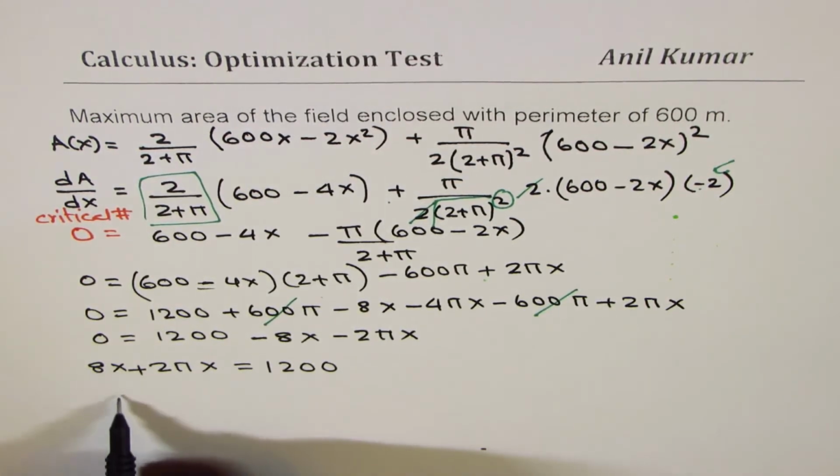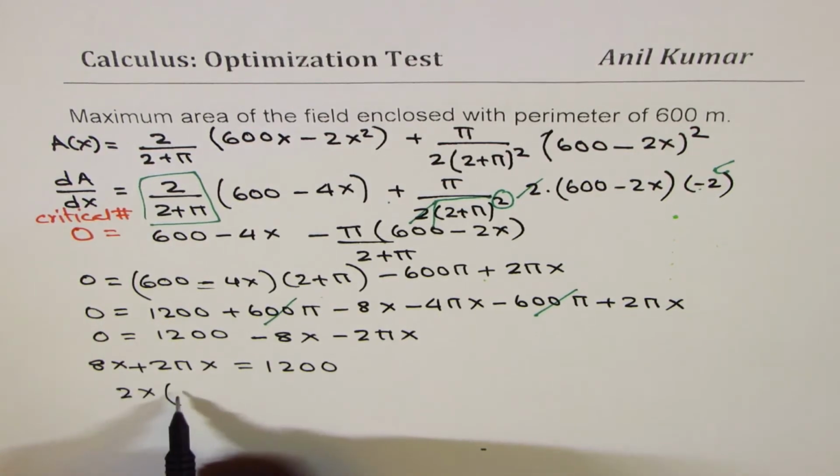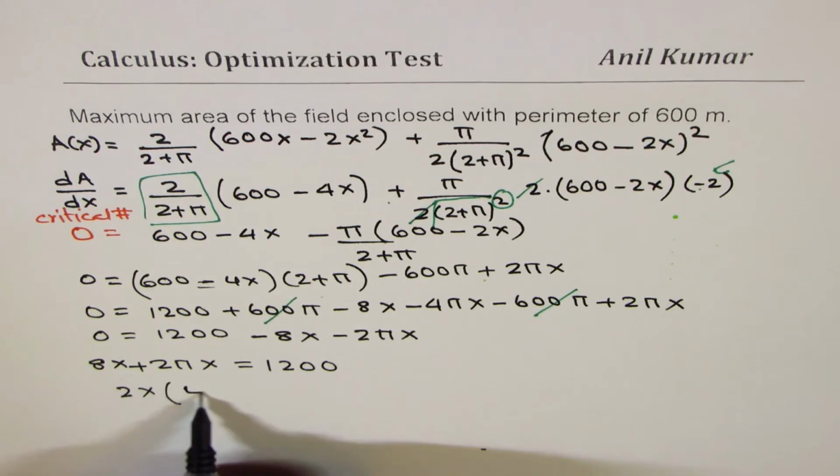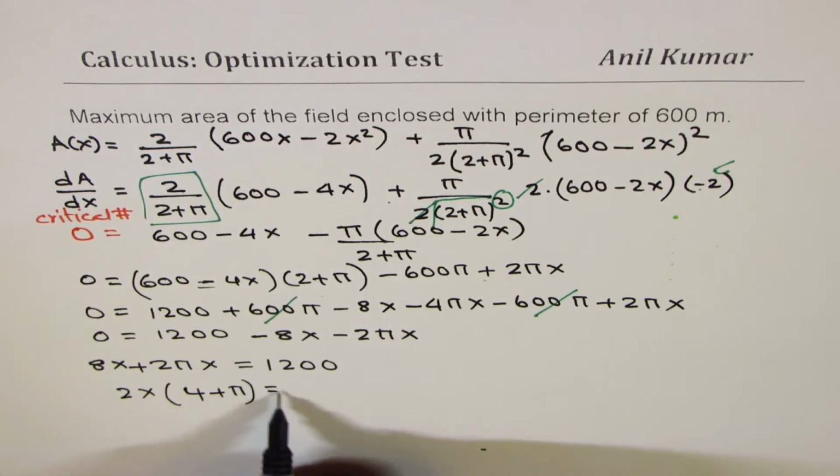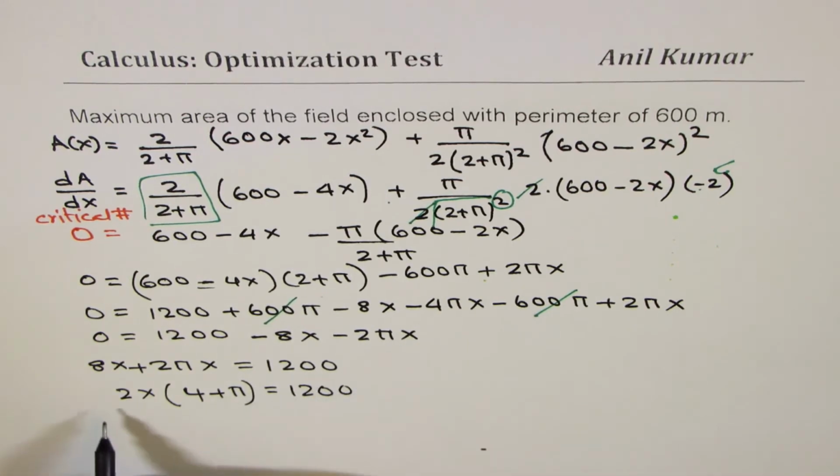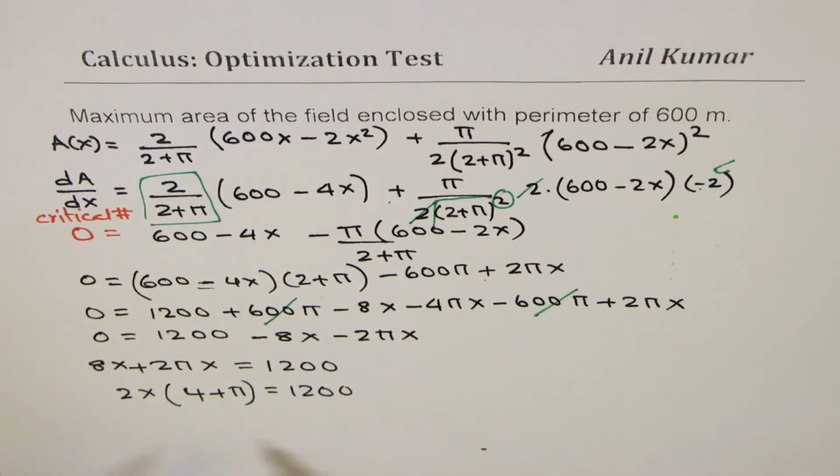Taking 2x common, we get 8 divided by 2 is 4, and here we get 4 plus pi equals 1200. And that gives you the value of x.